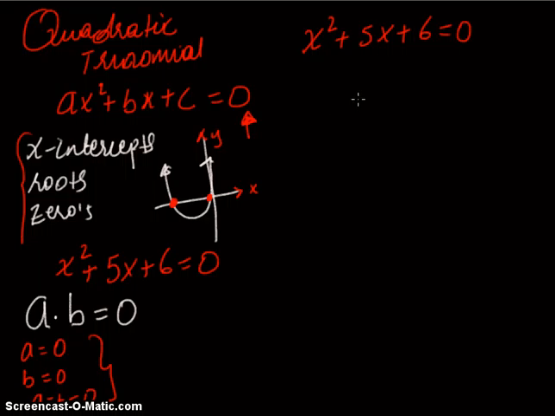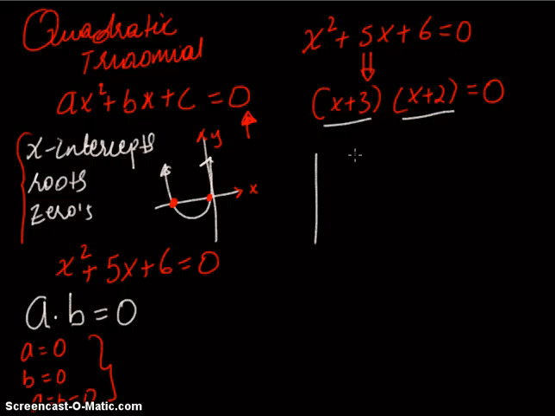Now in order to factor this, we're gonna use a couple of different techniques: the box method, the tic-tac-toe method, the sum and product method. We have a couple of them. So let's say that this thing actually equals x plus 3 and then x plus 2. Now we do have two things that are multiplied together to give me the bigger thing, and then we can quickly check if this is true.